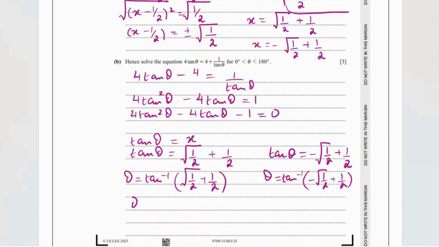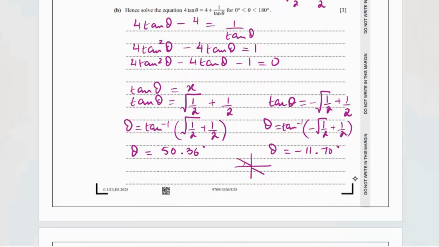We just plug this in the calculator and that gives us 50.36 degrees. And for the other one, we're going to get negative 11.70 degrees. Now we know tan is negative in the second quadrant and the fourth quadrant. But obviously our angle is supposed to be between 0 and 180, so we focus on the second quadrant only.